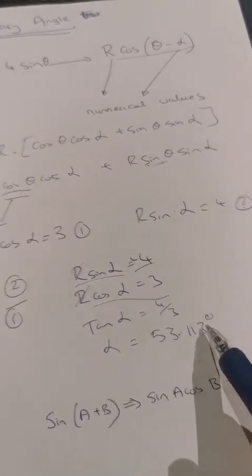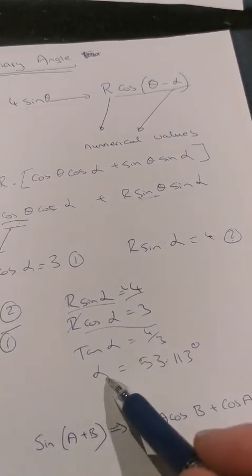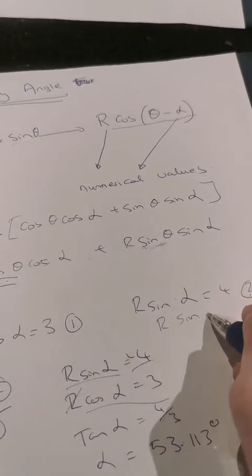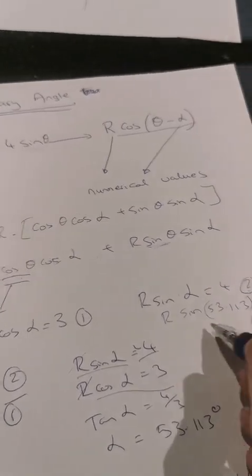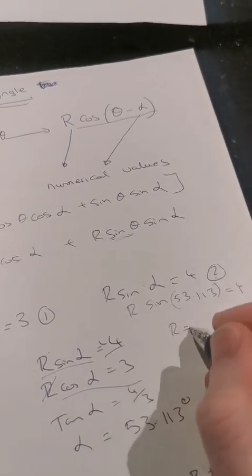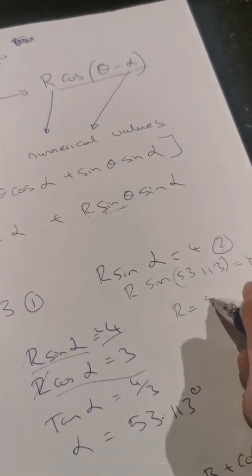And if you've got alpha, you can sub it back into equation 1 or equation 2. So if we sub that alpha back into this one, r sine 53.113 equals 4. Divide 4 by the sine of 53.113. The value of r will then equal 5.